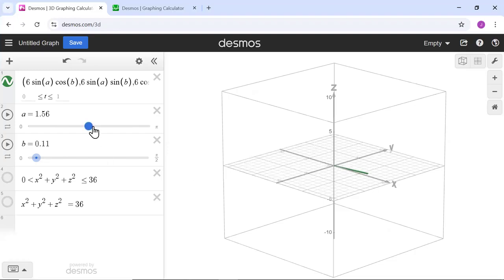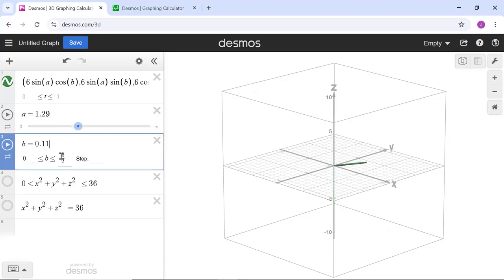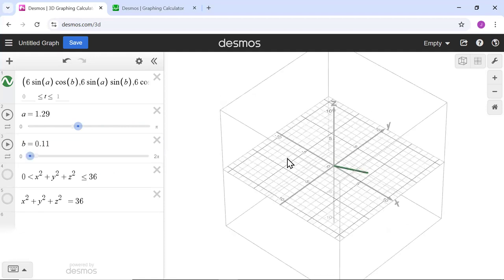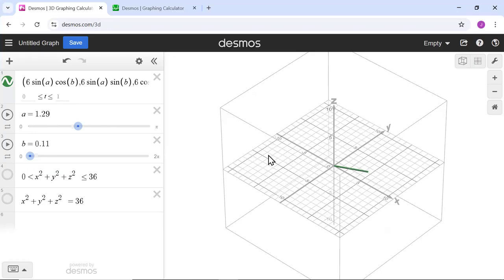So in other words, as this phi goes, let it go from 0 and stop at pi. And then your theta is going to go from 0 to 2 pi. And if we want to get on this side of the sphere, we use theta to get us there, and we don't use phi.